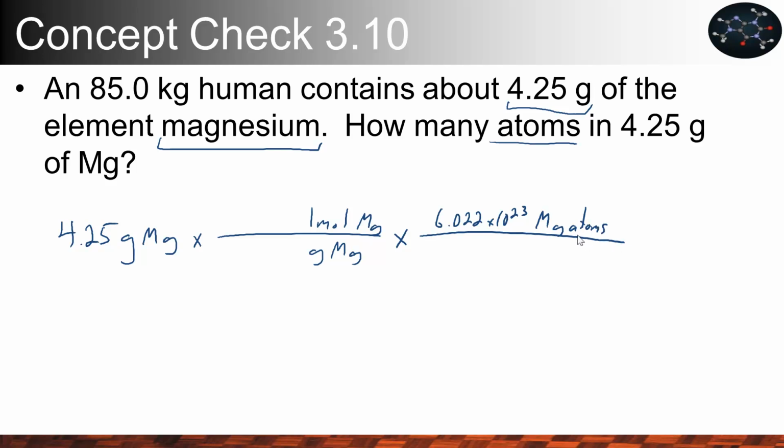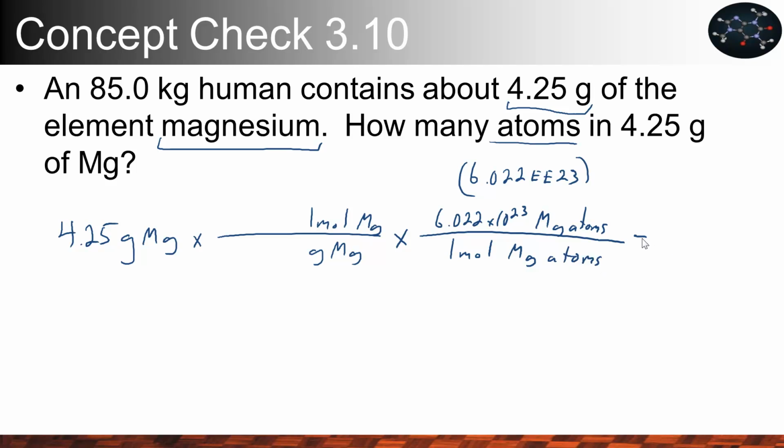And this is where you get to try out that key on your calculator. It says EE. This would be 6.022 EE23. And there's that many atoms of magnesium for every 1 mole of magnesium atoms.